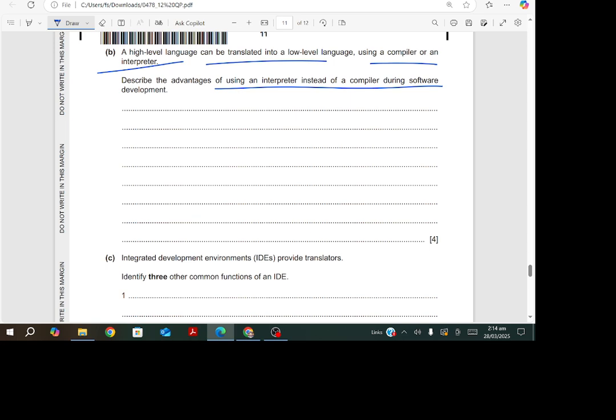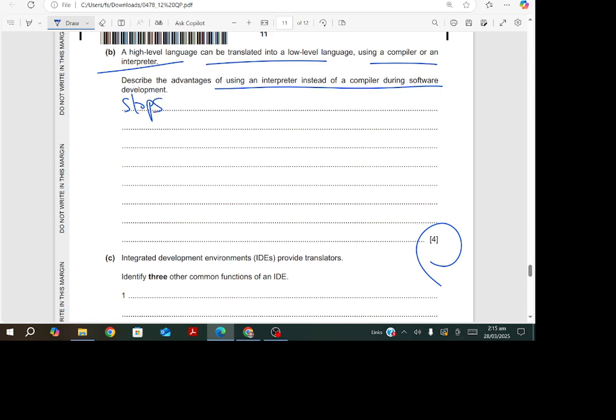So you can say why the interpreter is useful, because the interpreter stops working as soon as an error is encountered. So for example, if there are 50 lines of code and the error is found in line number 7, it will stop working there and then. Unless or until that error is rectified or removed, it is not going to proceed, right? So you can say it stops executing if an error is encountered. We have to justify 4 points.